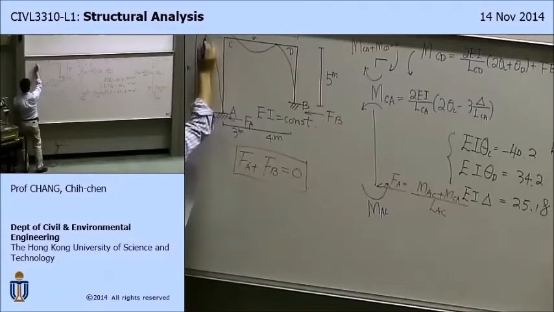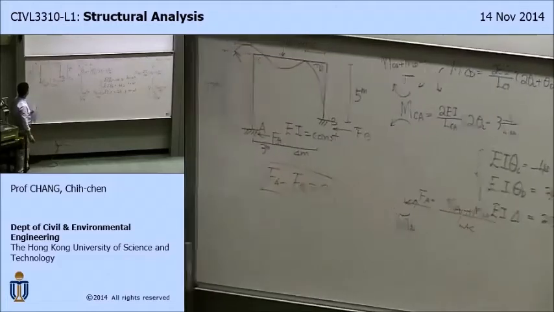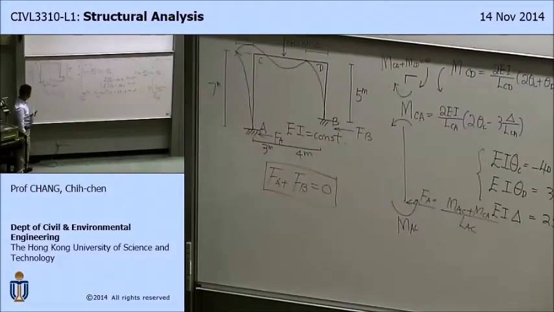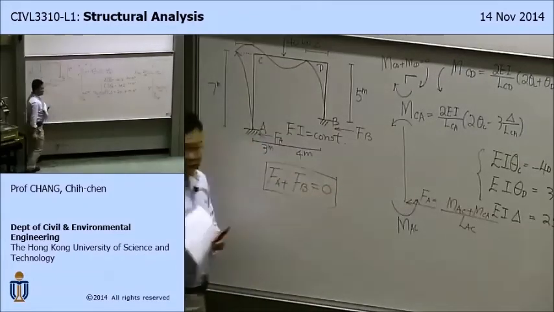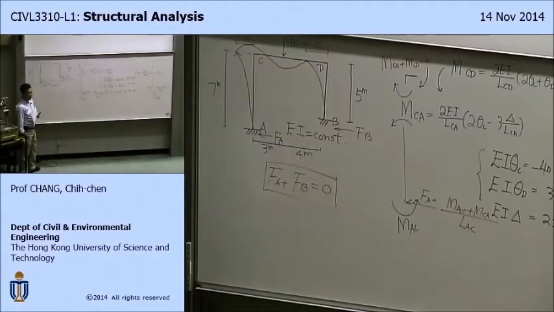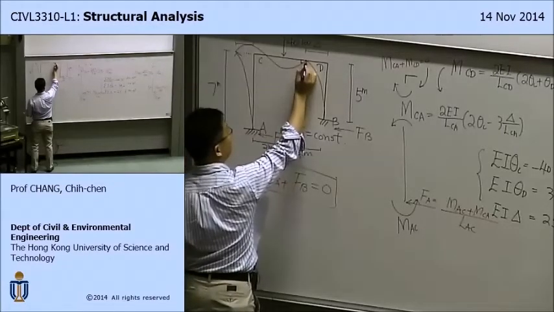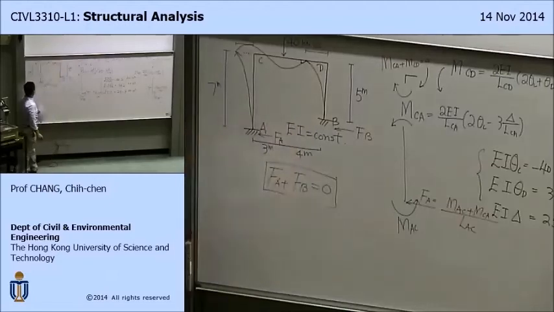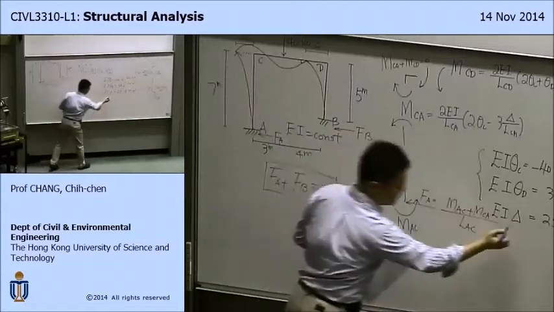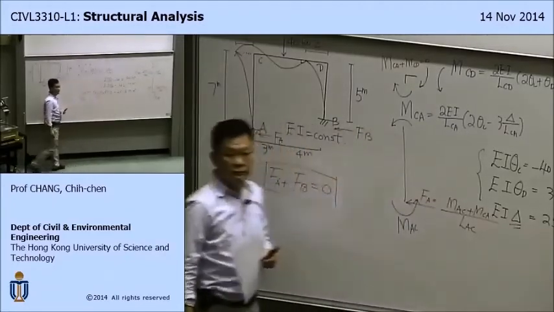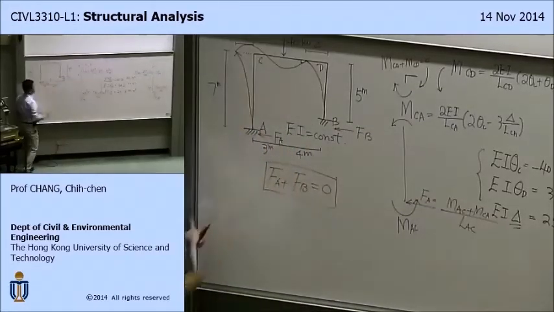So it should be deflecting clockwise like that. Theta D is positive. Positive means that it's counterclockwise. So this is counterclockwise, so this is fine. Okay. Translation positive means that it's along the direction that we assumed. So that's fine.